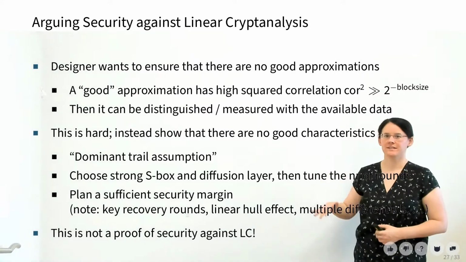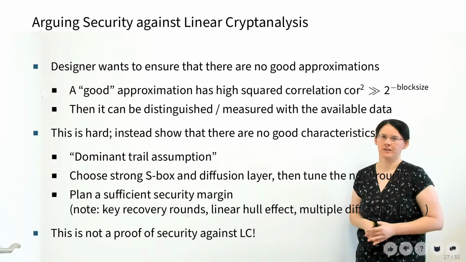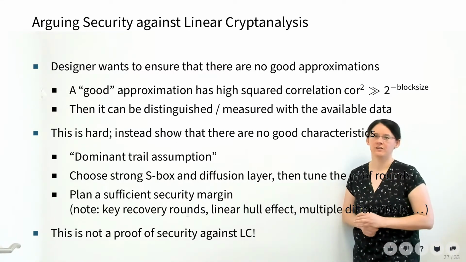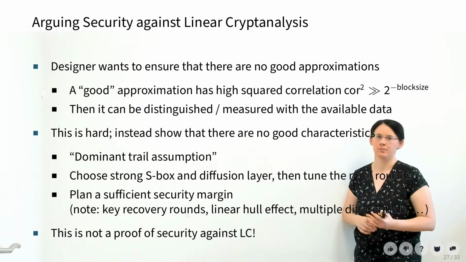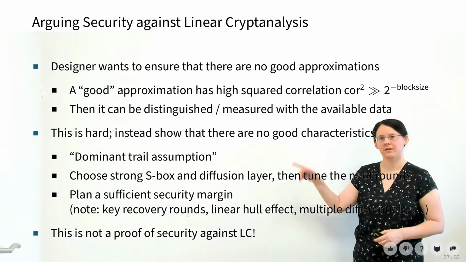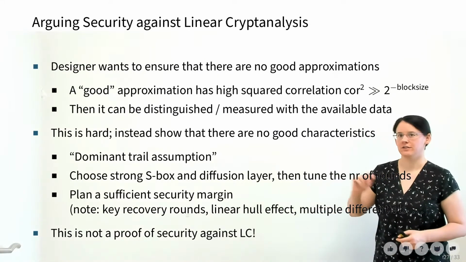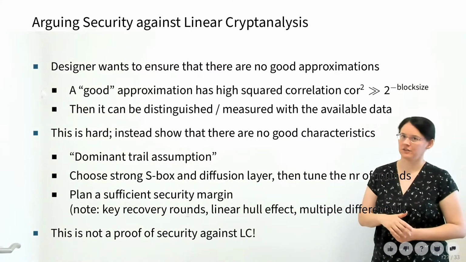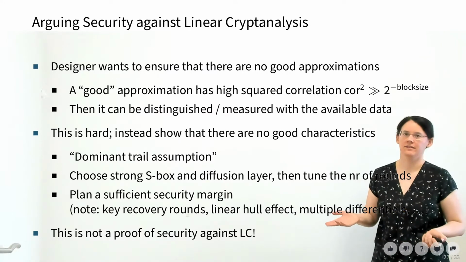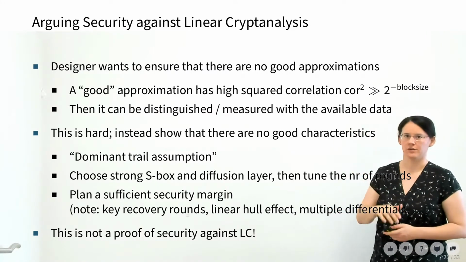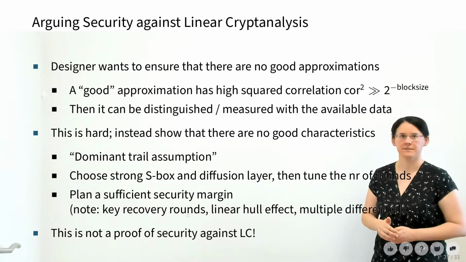So for all of these reasons and assumptions, I can't prove that something is secure against the cipher, but I can show that it would be very hard for an attacker and probably not possible, because if there are no good characteristics, how should the attacker start? And if I assume additionally that there are dominant trails, then this would also imply that there are no actual good approximations.